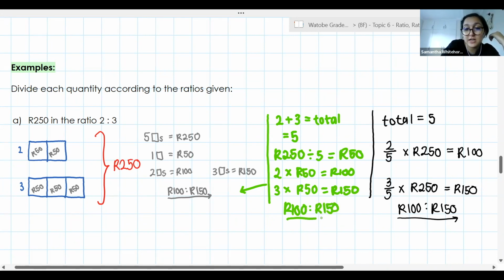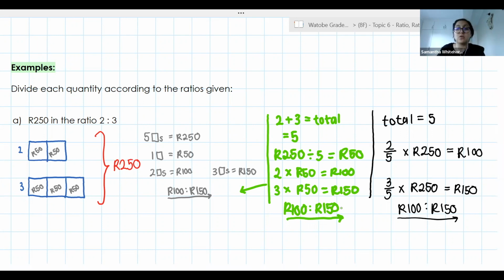So in each case, I got 100 Rand is to 150 Rand. Whether you use blocks, whether you work without the blocks like we did in the green, or whether you work with fractions, you're going to get your answer. So there's many different ways that you can deal with dividing ratios. You have to decide what works best for you.